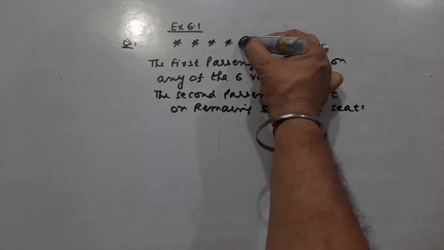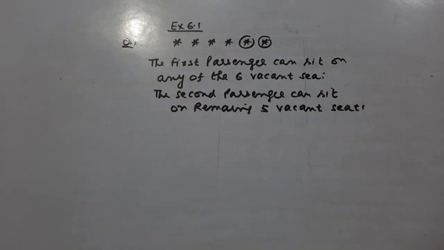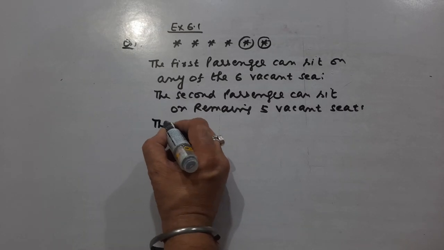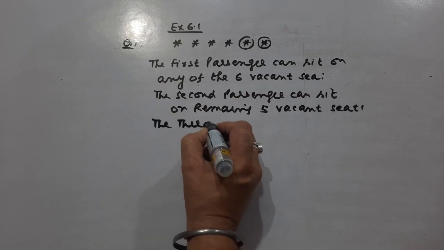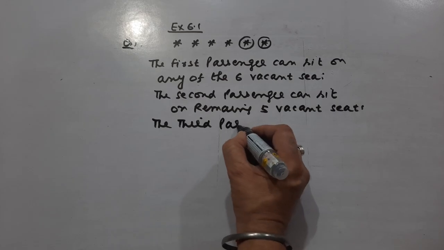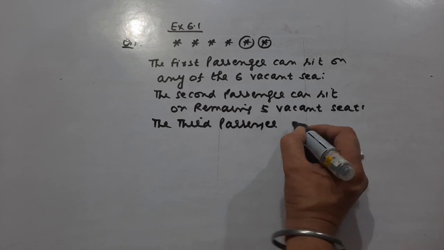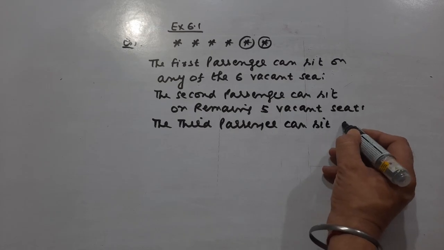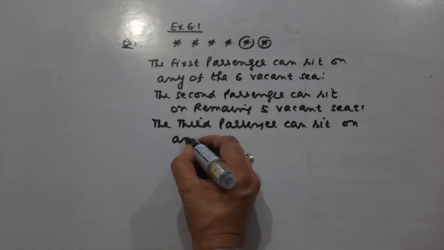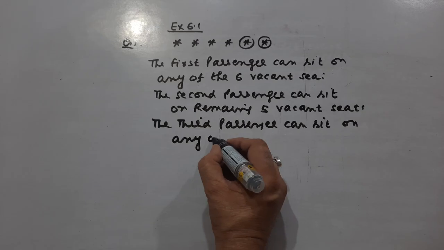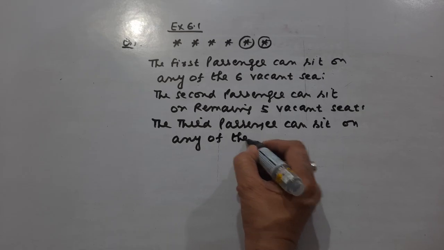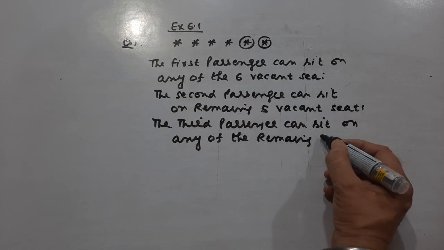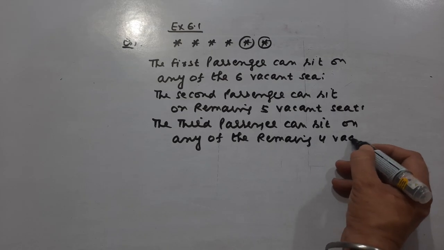Now suppose this seat is filled. Now we are left with 4 vacant seats, so the third passenger can sit on any of the remaining 4 vacant seats.